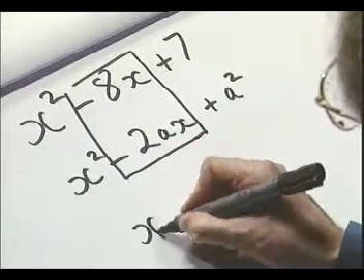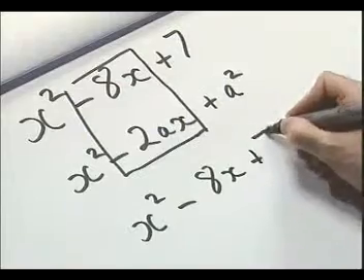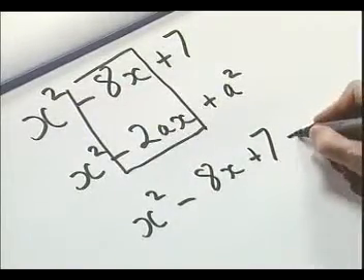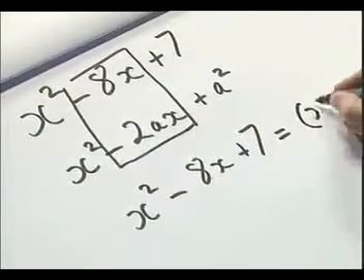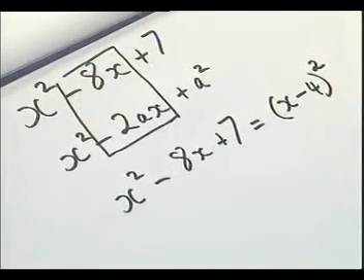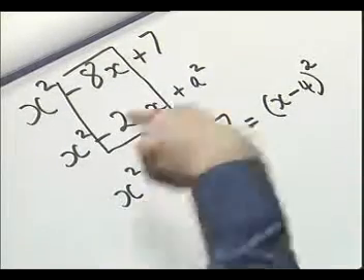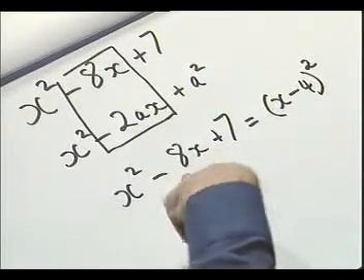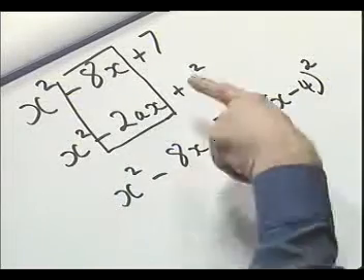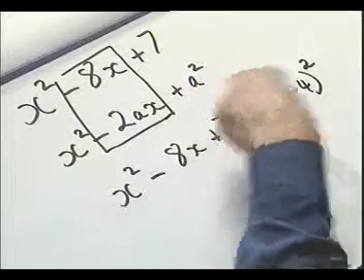So we've got x squared minus 8x plus 7 is equal to (x minus 4) all squared. So I've ensured I've got the x squared, I've ensured that I've got the minus 8x, but I've also added on a squared. So I've got a squared too much.